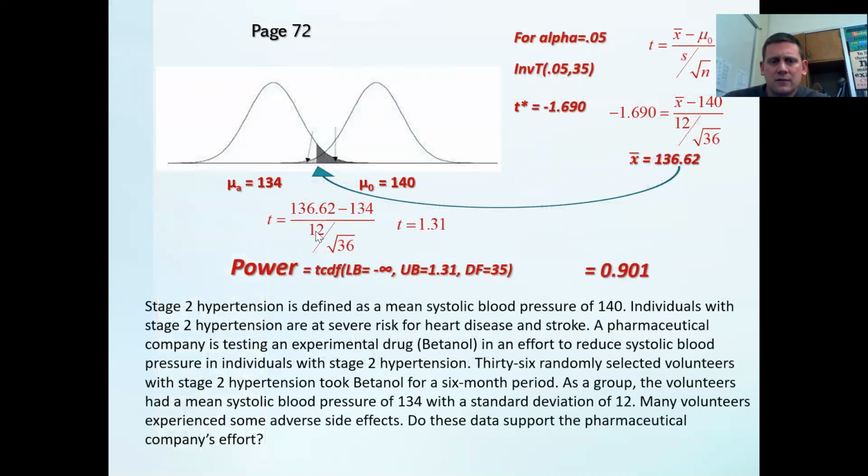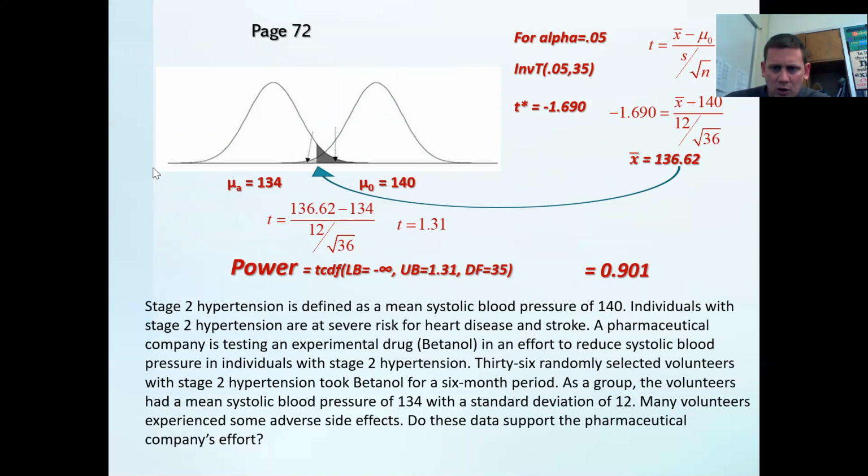If you're going to do it by hand, you take this number, plug that in here, subtract, you get this, and then you find the power. Sorry, my slides were out of order, I apologize for that. You take your critical sample mean minus the sample mean that you actually got, and find that test statistic.